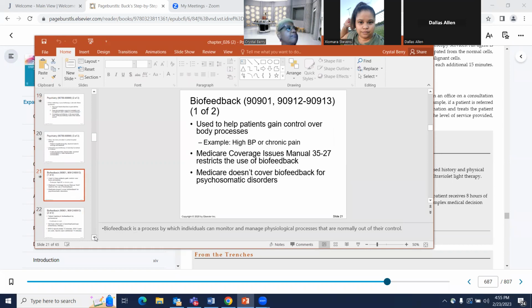Peritoneal. Yes, that's correct. What is the name of the dialysis that involves using a body cavity as a filter? The answer is peritoneal. Next.